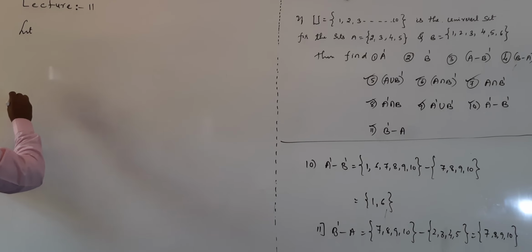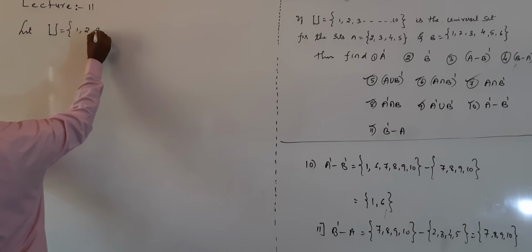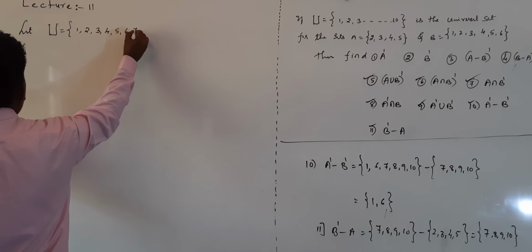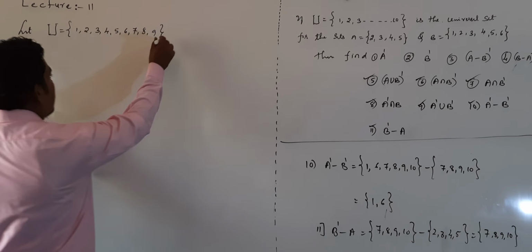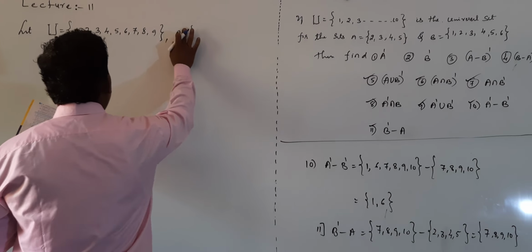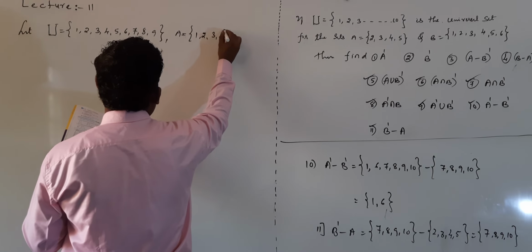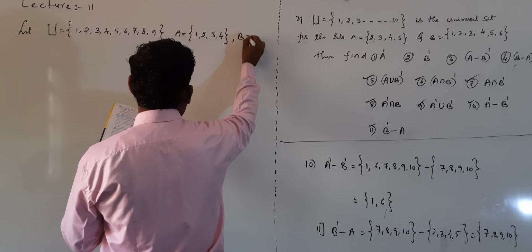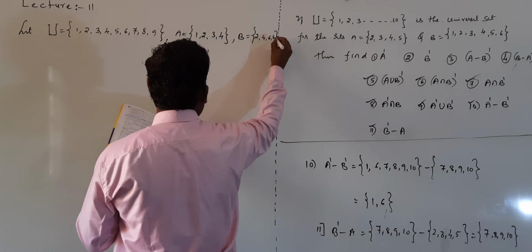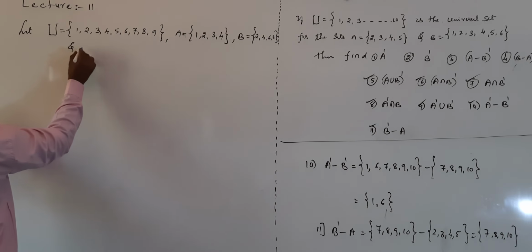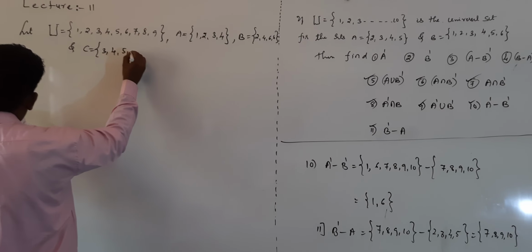Let U be equal to 1, 2, 3, 4, 5, 6, 7, 8, 9 and A equal to 1, 2, 3, 4, B equal to 2, 4, 6, 8 and C equal to set C: 3, 4, 5, 6.